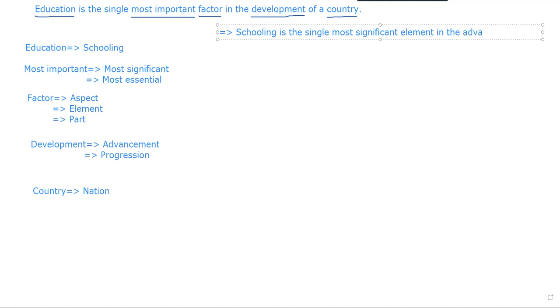And instead of country, we are going to use nation. So now education is the single most important factor in the development of a country. That was the original question, right? So we have changed that into schooling is the single most significant element in the advancement of a nation. Is it clear to you now how we can use synonyms?